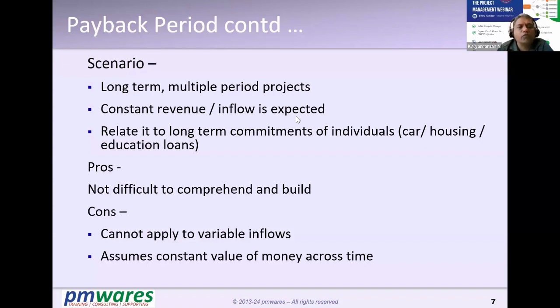One of the problems you will see here is that if the inflows are changing or variable, then it's not easy to apply this straightforward technique. The second challenge is that a constant value of money is assumed even in the case of a longer duration, for example, your housing loan with a 10-year or 15-year payback period.